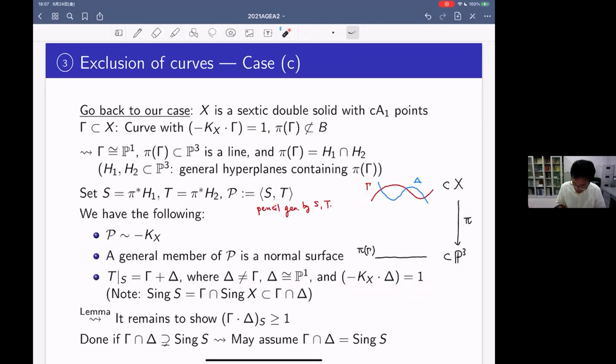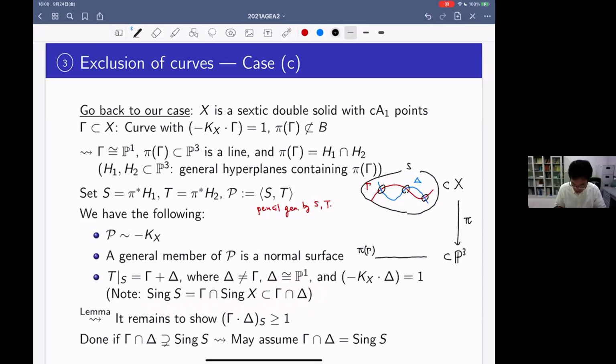Moreover, we have S here, and the singularity of S is contained in the intersection points of these two curves.